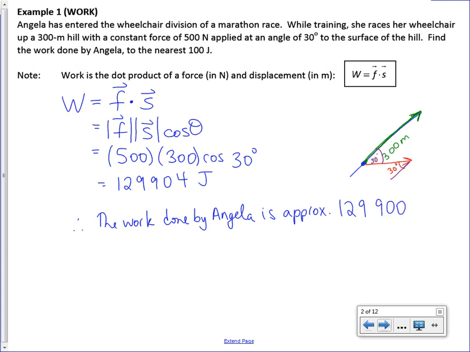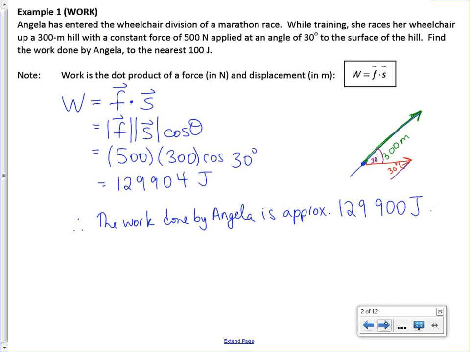Beauty. We found the work. And that is that one. So it's normally just a plug and chug situation for work.